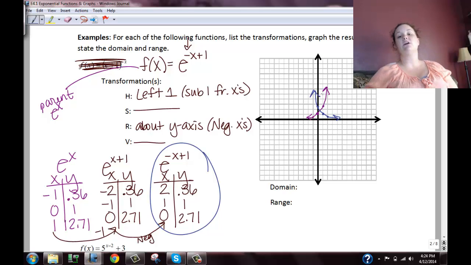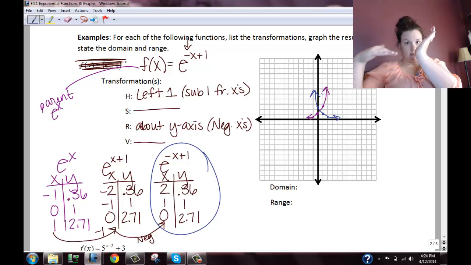Now something to consider is we always have to know where our asymptote is. Every exponential has an asymptote, so we need to be aware of that and state its location after we've graphed it. So notice with my purple function, it's looking like this, right? And then if I move that left 1, notice if it's approaching 0, it's still going to be approaching 0.